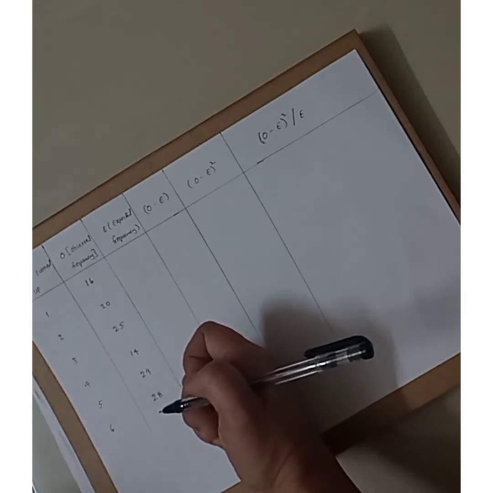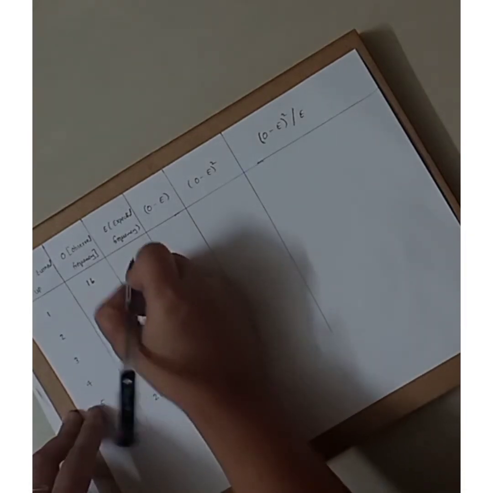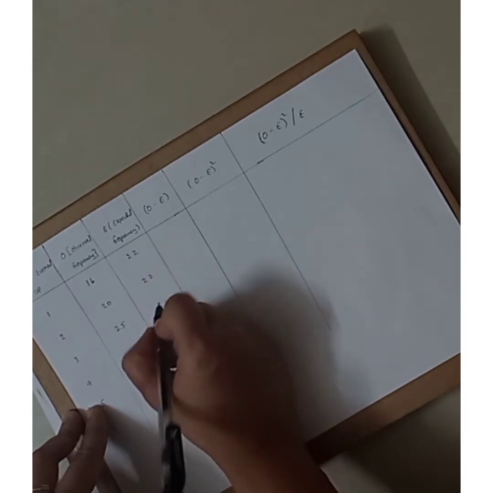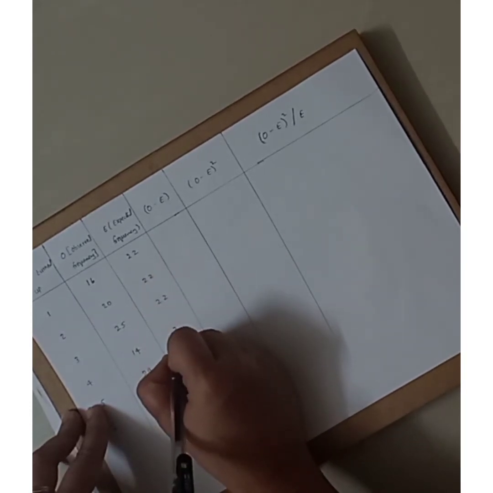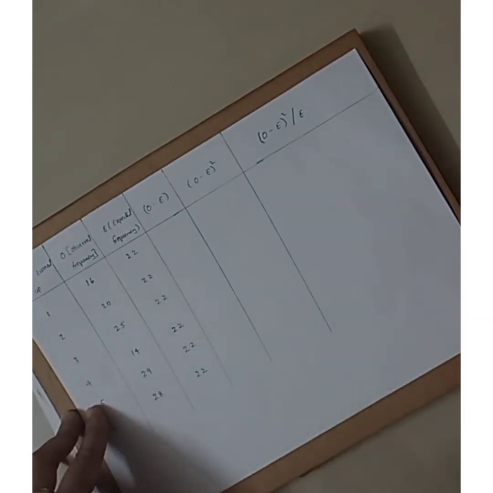What is the expected frequency? We have calculated that for each and every number the expected frequency will be 22, because 132 into 1 by 6 gives 22, since it is an unbiased die. That is our assumption.